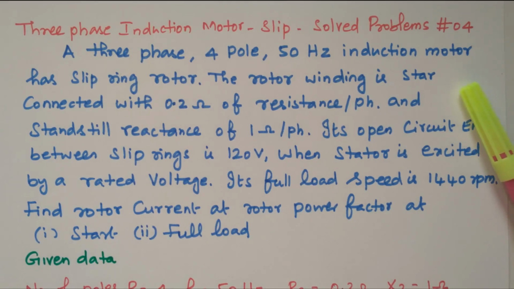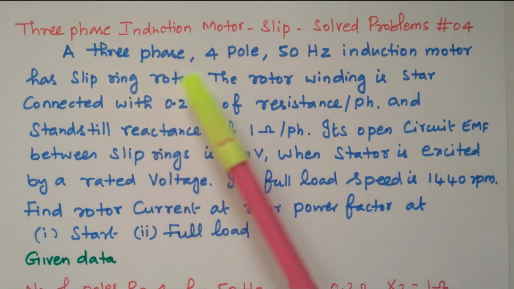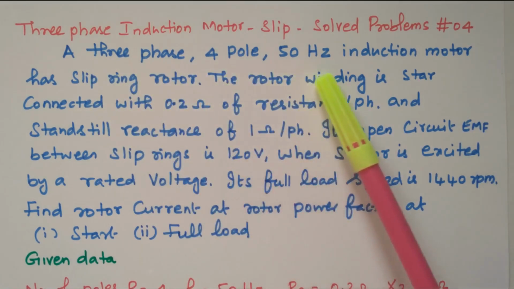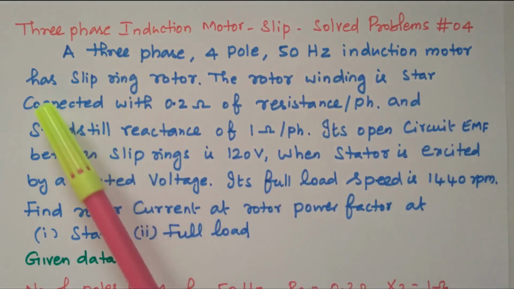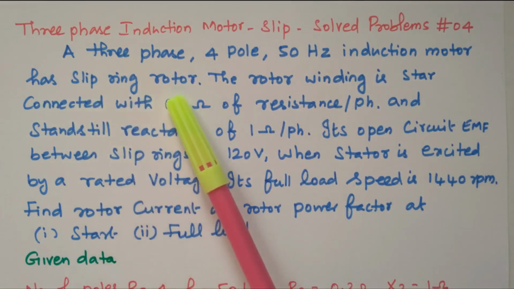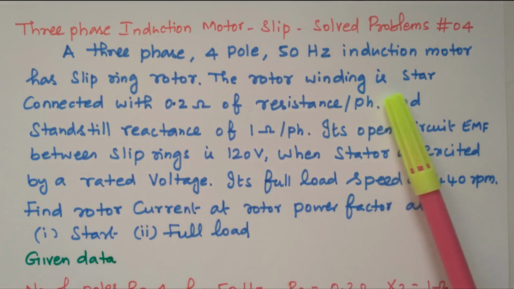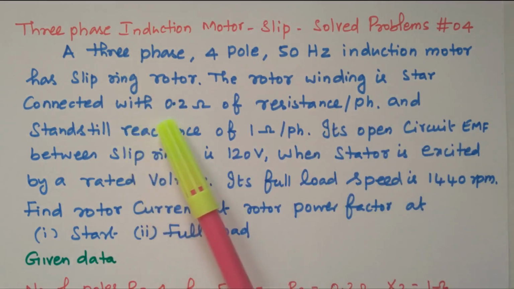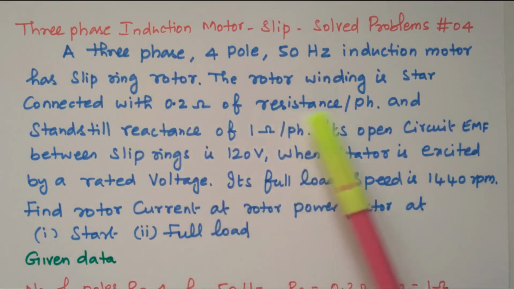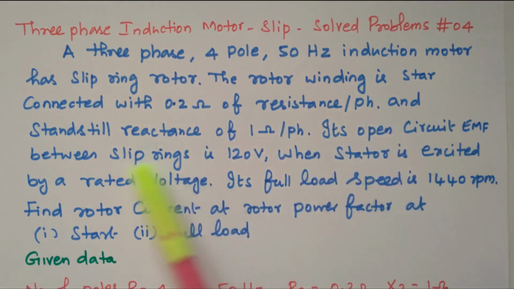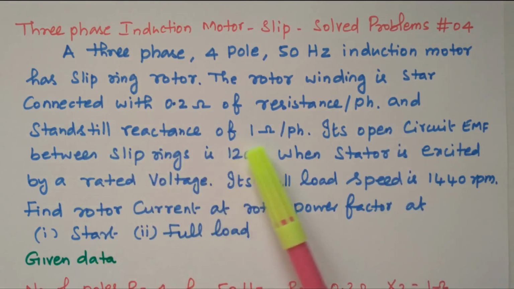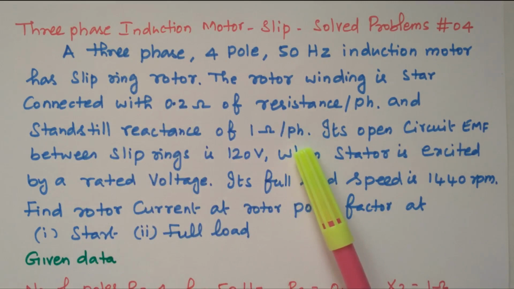Now we will go to the problem. A 3-phase 4-pole 50 Hz induction motor has a slip ring rotor. So, this comes under the slip ring rotor. The rotor winding is star connected with 0.2 ohm of resistance per phase and standstill reactance of 1 ohm per phase.